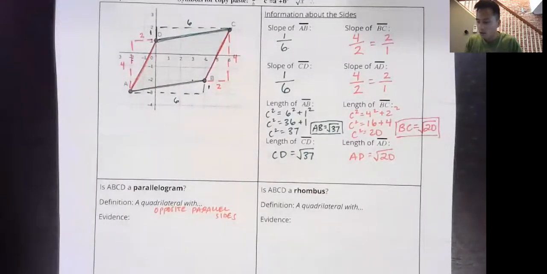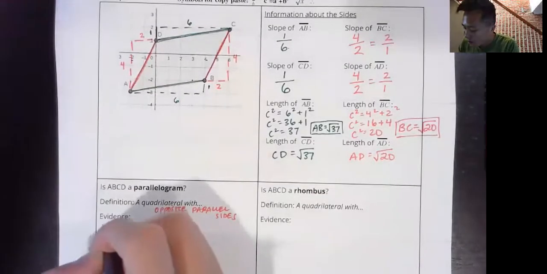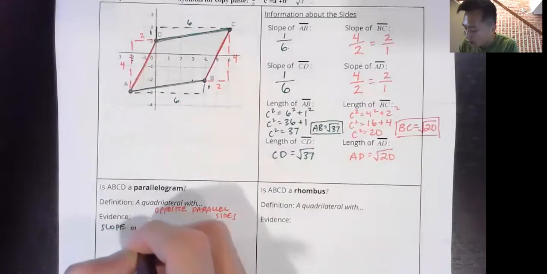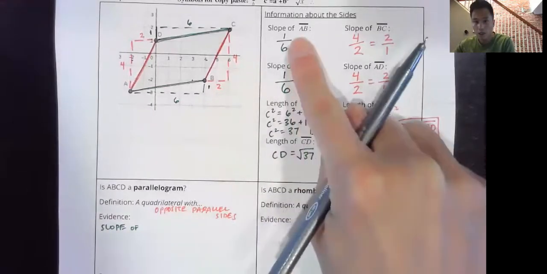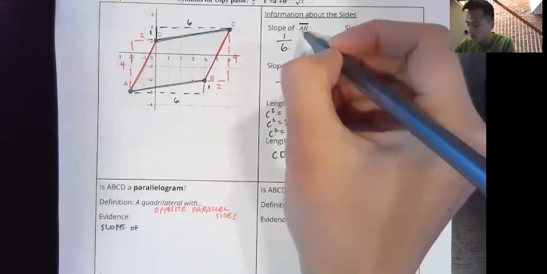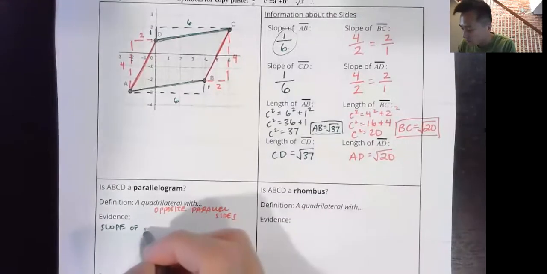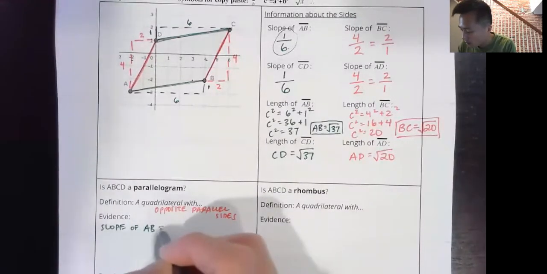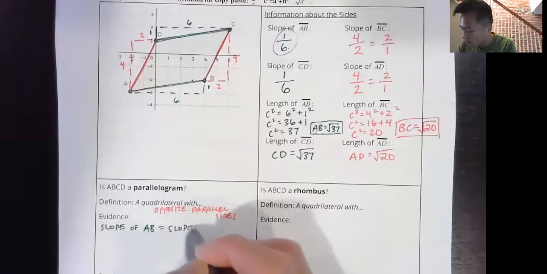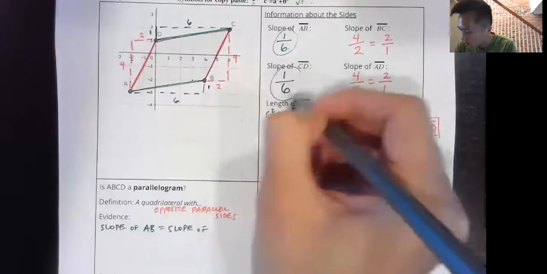All right, so let's put our evidence together. I know that the slope of AB, it's this here, is equal to the slope of CD.